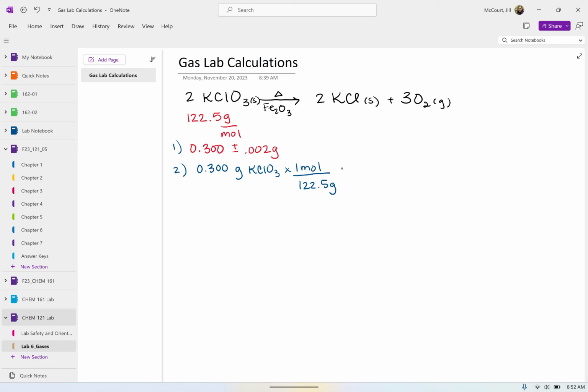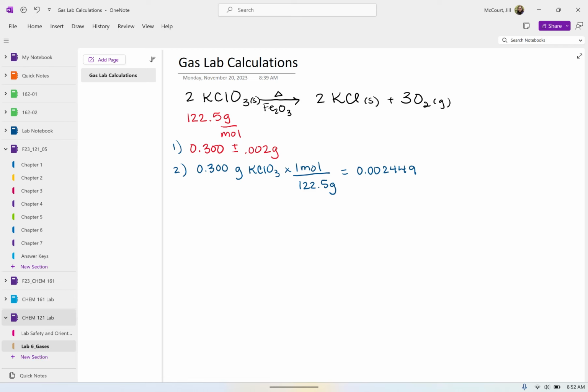So this means that we take 0.3 and divide by 122.5, and we get 0.00, and then I'm going to record 4 digits because I don't want to lose too much data there. And so that's how many moles we have.